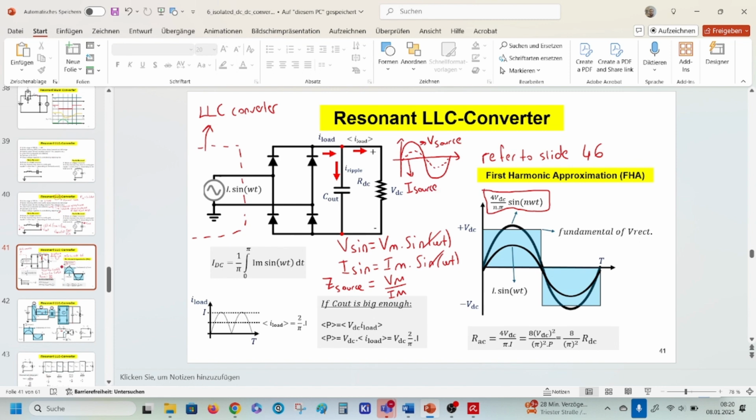What happens in the first half period of my sine wave, let's say the plus and minus half wave?